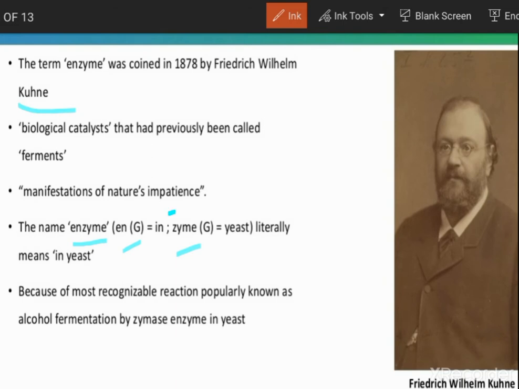En means within and zyme means yeast. Literally, it is something within the yeast. So enzymes were first identified in yeast, because of the most recognizable reaction, popularly known as alcohol fermentation by an enzyme called zymase in yeast. Hence we get the name enzymes.